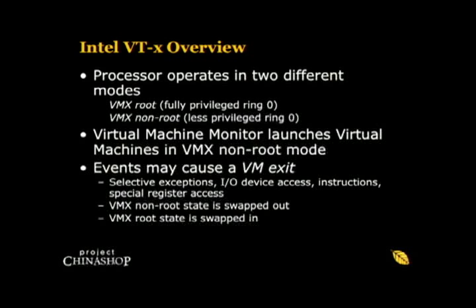You have what's called an I/O bitmap, where over the I/O space you can selectively say which device accesses you want to be notified about. If you want to virtualize the entire environment, you say, I want to be notified about every device access.